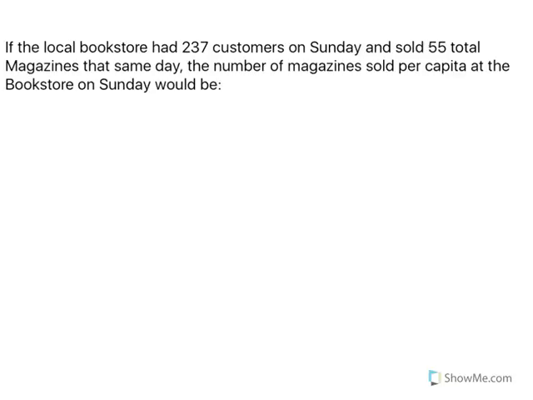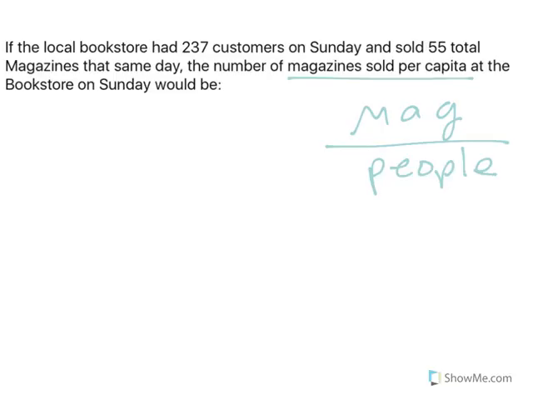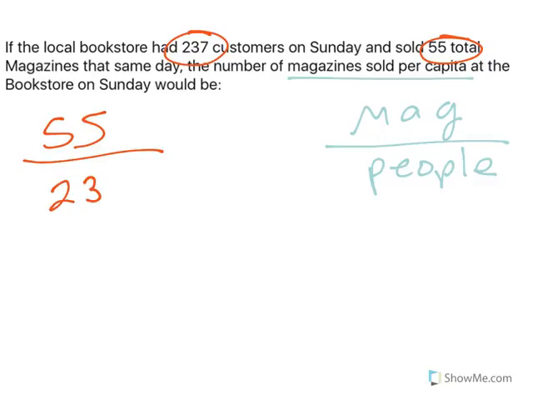In the next one, if the local bookstore had 237 customers on Sunday and sold 55 total magazines that same day, the number of magazines sold per capita at the bookstore on Sunday would be magazines sold per capita. Magazines per capita. Capita means people. So how many magazines? 55. How many people? 237.